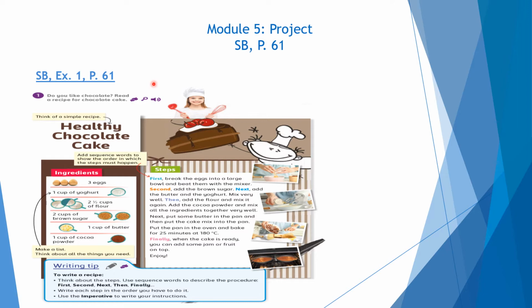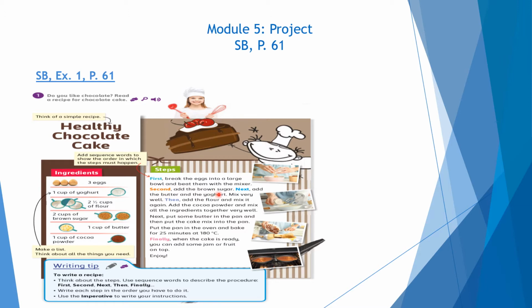Module 5, Project 1. Do you like chocolate? Read a recipe for chocolate cake. Healthy chocolate cake. Ingredients: 3 eggs, 1 cup of yogurt, 2½ cups of flour, 2 cups of brown sugar, 1 cup of butter, 1 cup of cocoa powder. Steps: first, break the eggs into a large bowl and beat them with a mixer.